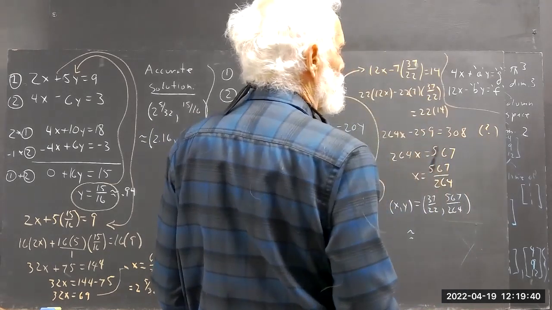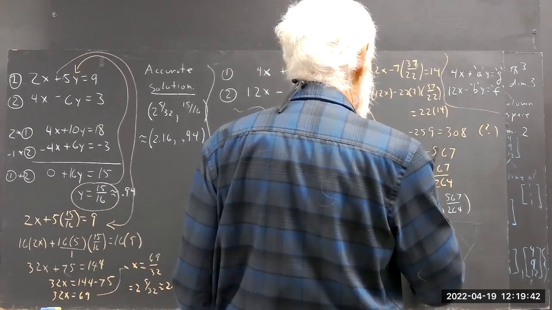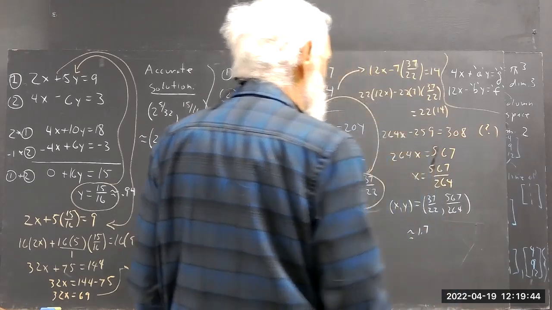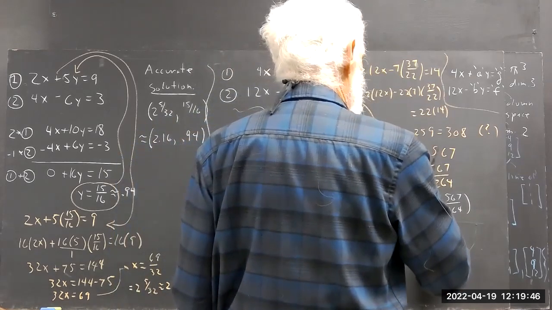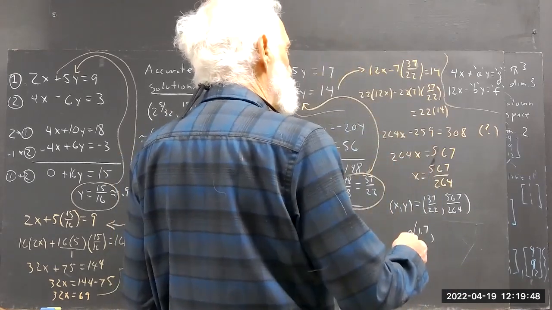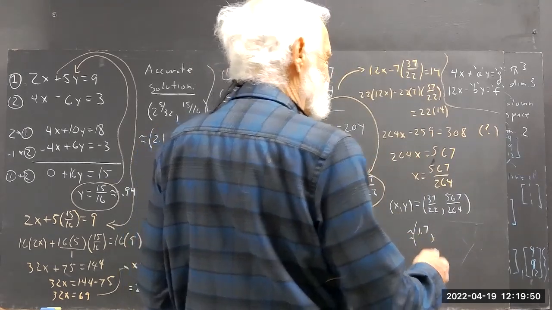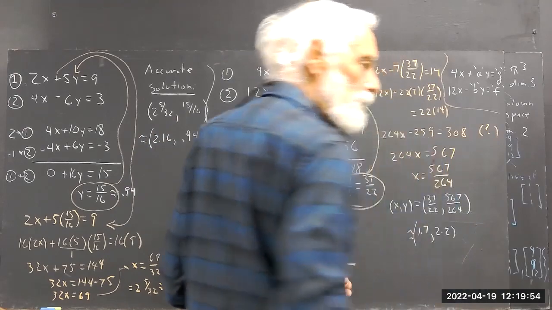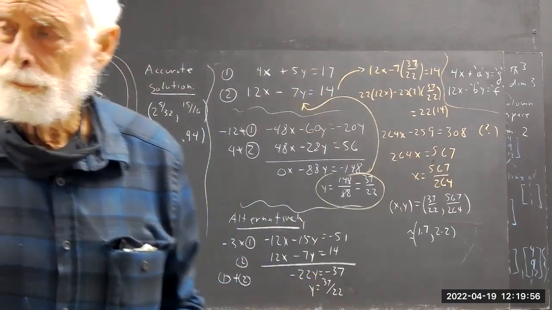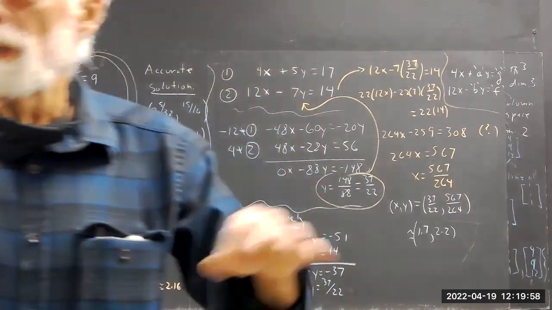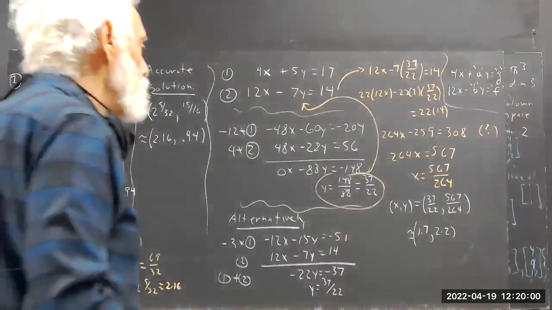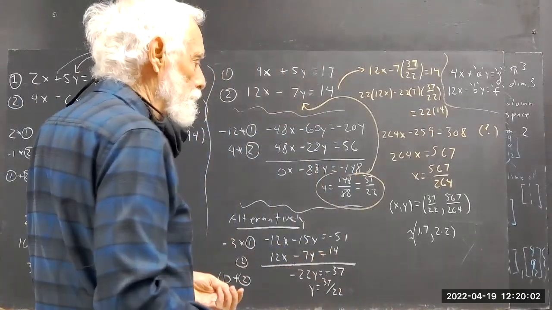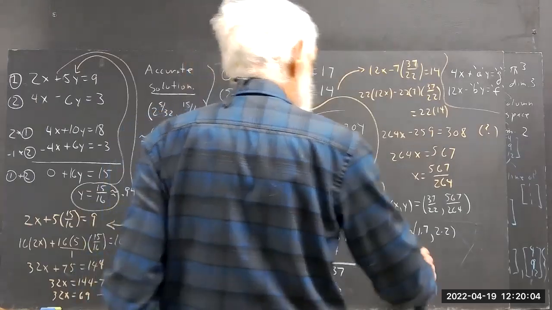And I'm saying that's approximately 1.6 or 1.7, I think 1.7. And that's 2.2. Okay, something like that. That might be accurate to the 10th, but I won't guarantee it. So we can plug that back in.